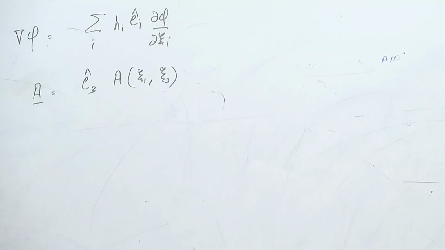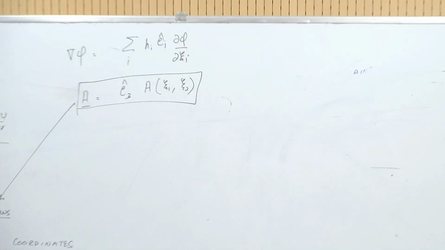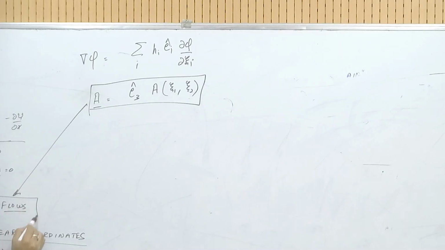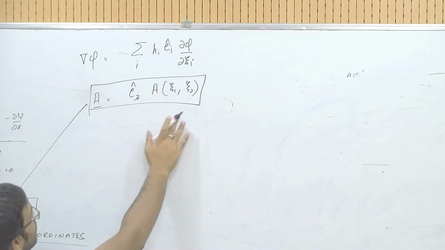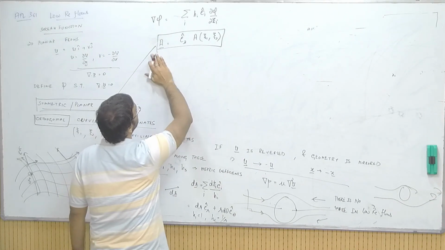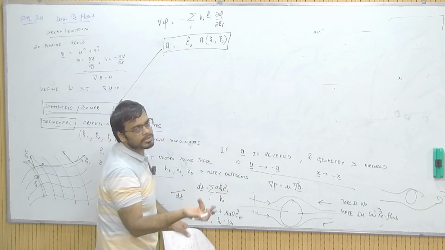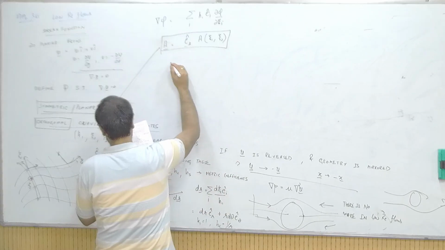This is related to the assumption that we are looking only at symmetric planar flows. What is this A? It will become clear to you. Treat it like a maths exercise for now, that I am defining an A vector which has only an e hat 3 component. Most of this course is just a math exercise.